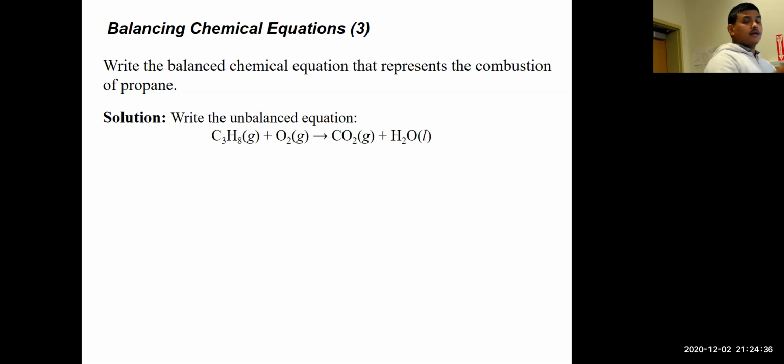And the question is asking us to balance this chemical reaction, which is what I will ask you to do a lot of times in this class, or in the quiz or in the test. So this is how we start. You need to start balancing compounds first rather than individual elements.